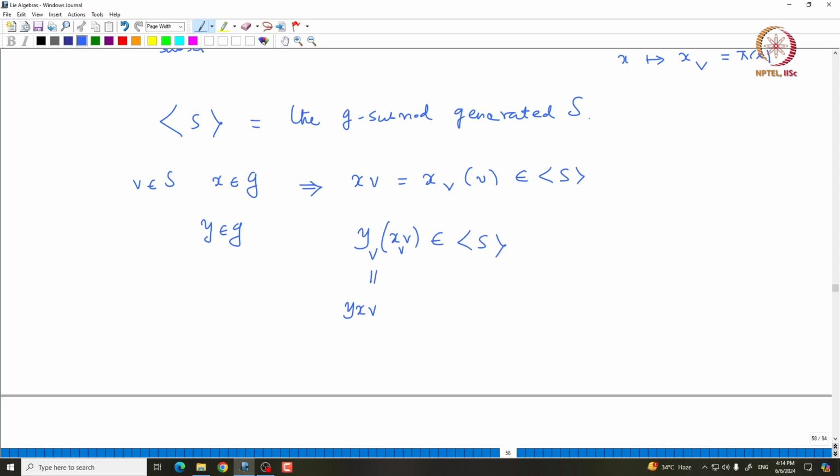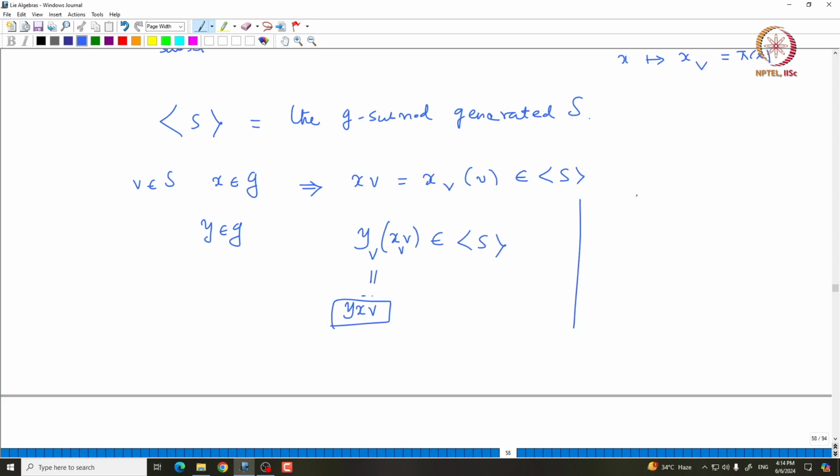Even though the multiplication yx does not make sense inside G, yx acting on V makes sense inside capital V. One can take the composition of y_V and x_V. That is what we mean by this symbol.